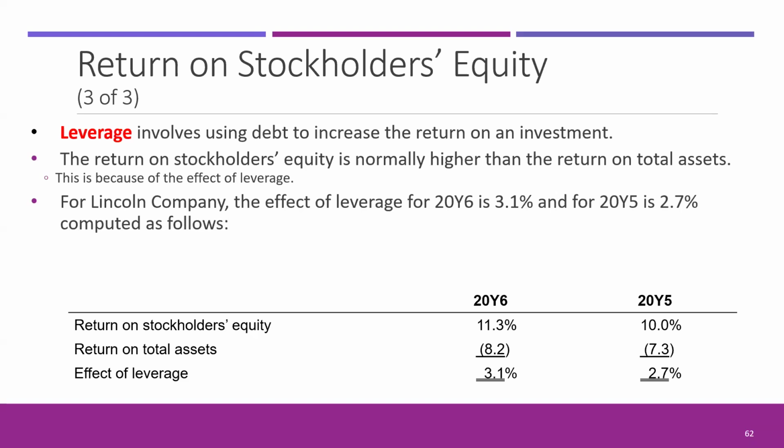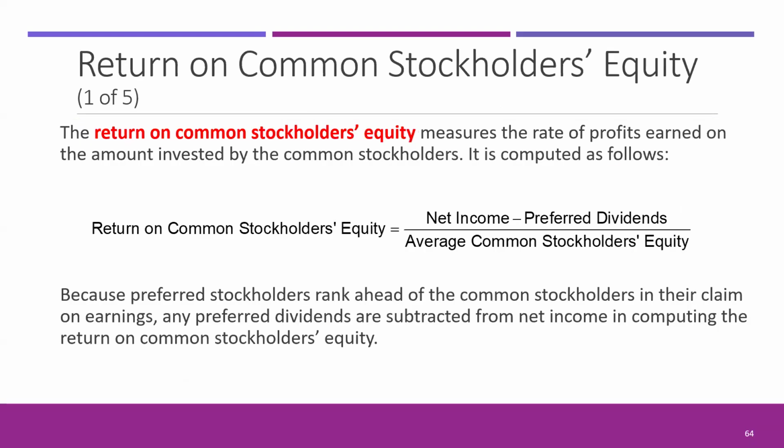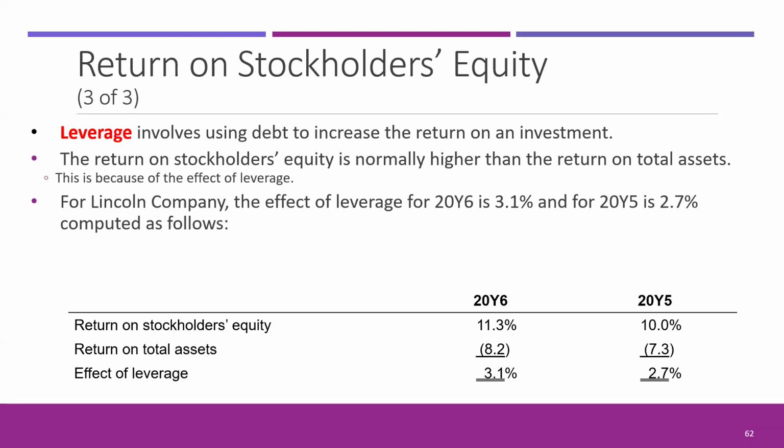So the effective leverage was 3.1% for Lincoln Company. And this is a really simple analysis of the effect of leverage, but we'll go into the DuPont method of analyzing the effect of leverage in just a bit here.